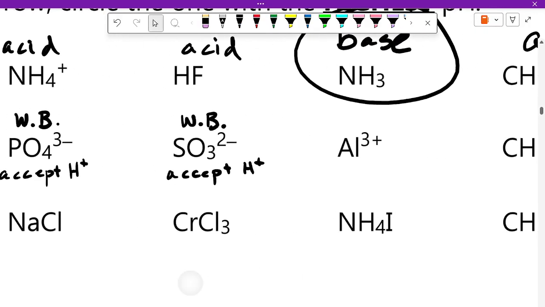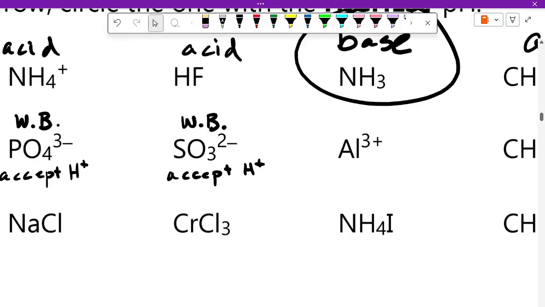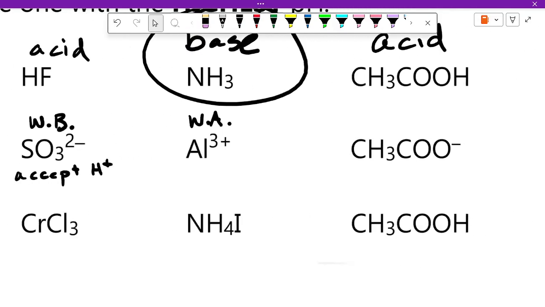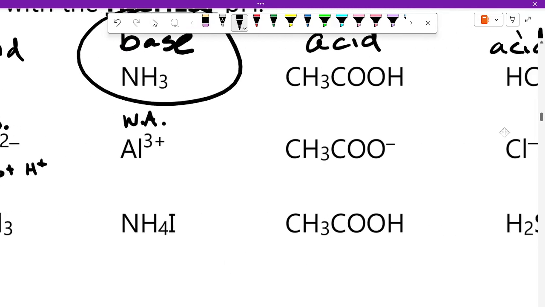Aluminum, there's a cation. Does that cation undergo hydrolysis? Yes, and because it's a cation, that would make it a weak acid. It goes via the aluminum hexaaquo, which you can go look up, but it's a weak acid anyway. And then we have CH3COO-. What is that?